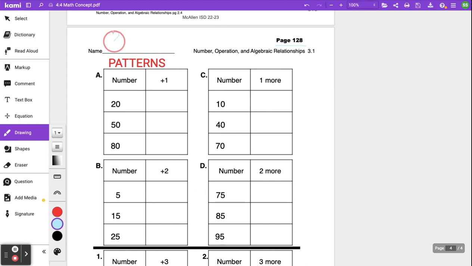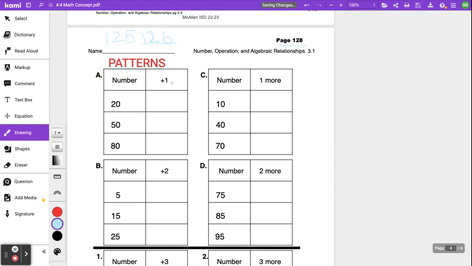If I were to tell you 25, you know that the next number would be 26. Even if it is 125, you know that the pattern is a 5 always becomes 6. So this would also be 126. That's what we're talking about this week, patterns.